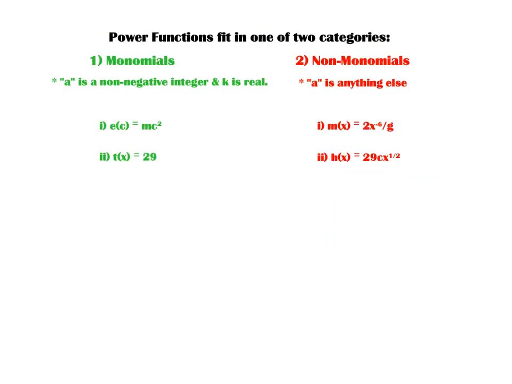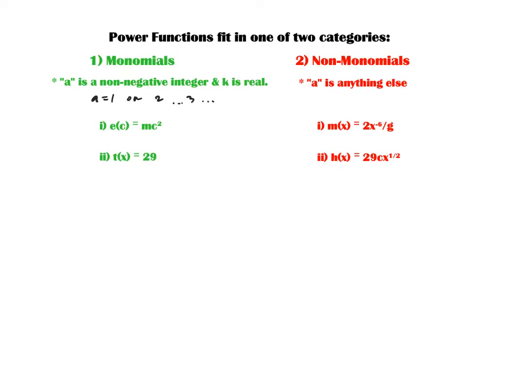So power functions come in two forms, monomials and non-monomials. Okay, in a monomial, the requirement or criteria is that n is a non-negative integer. So that means that n has to be an integer, meaning it has to equal either 1 or 2 or 3 or etc. Whereas for a non-monomial, n could be anything else.